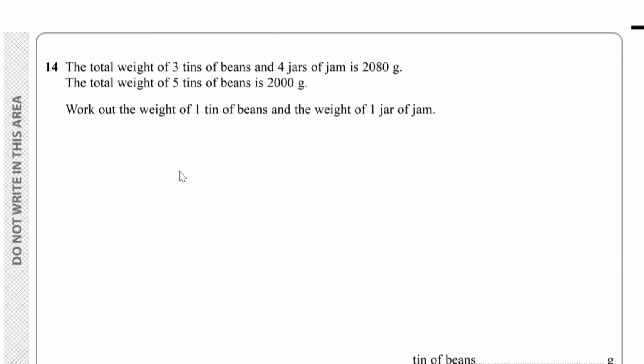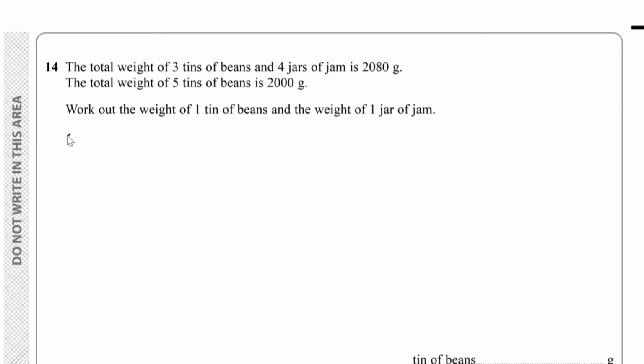Question number 14. The total weight of 3 tins of beans and 4 jars of jam is 2080 grams. The total weight of 5 tins of beans is 2000 grams. We have to work out the weight of 1 tin of beans and the weight of 1 jar of jam.